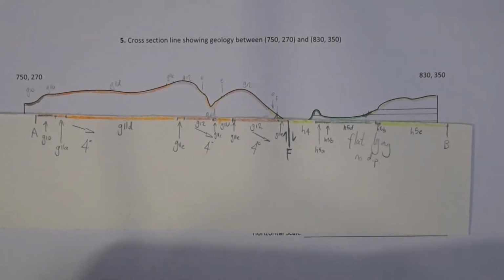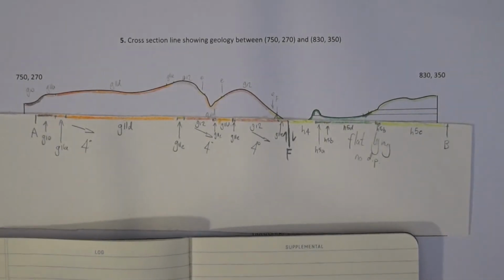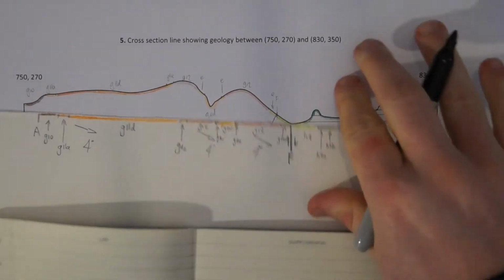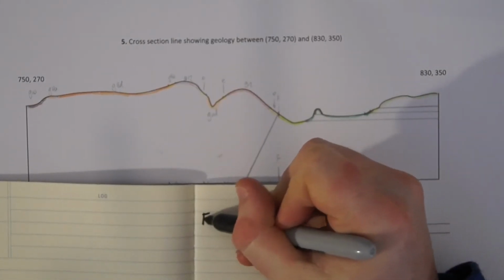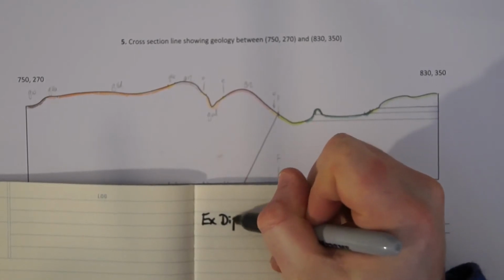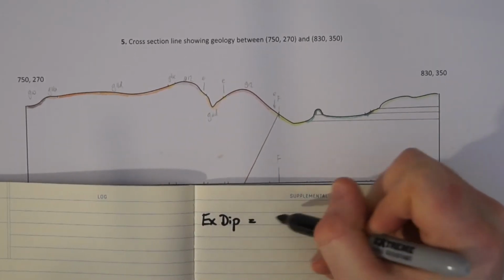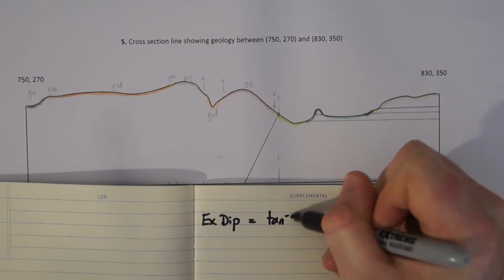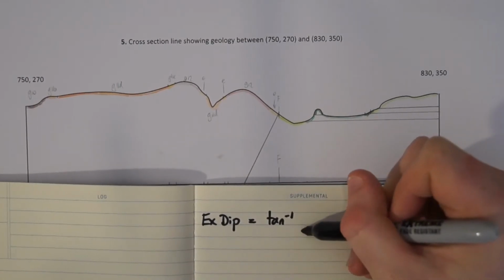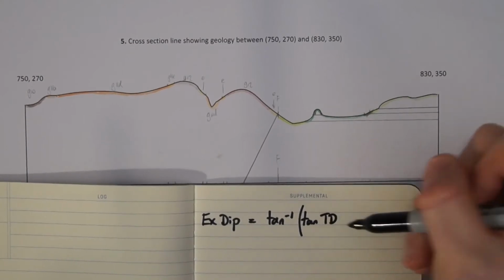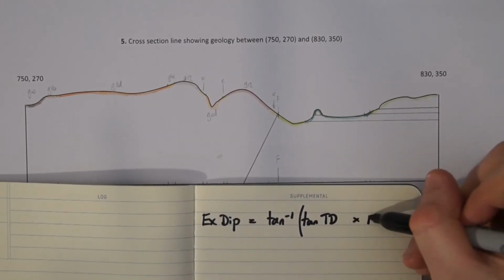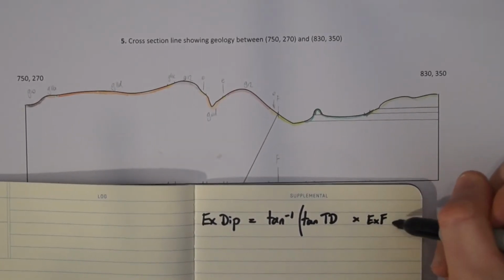So again, if we go through that calculation again, the calculation for an exaggerated dip is such that the exaggerated dip is equal to the inverse tangent of the tan of the true dip multiplied by the exaggeration factor.